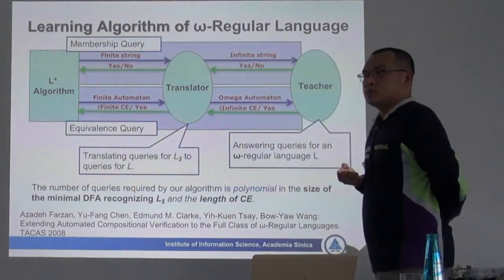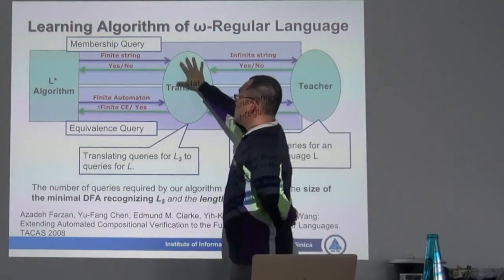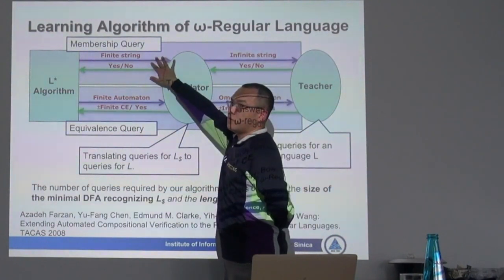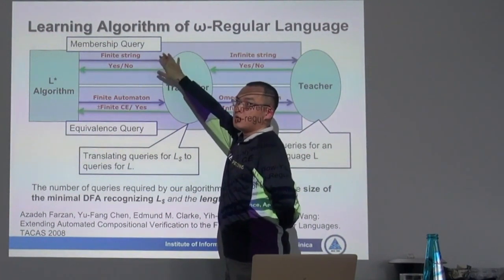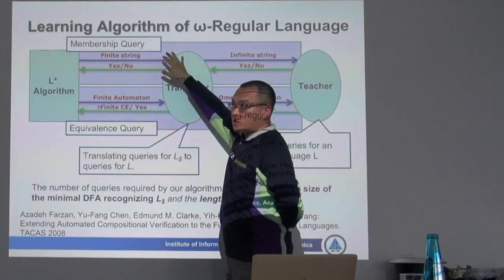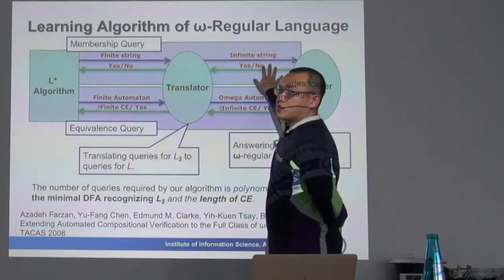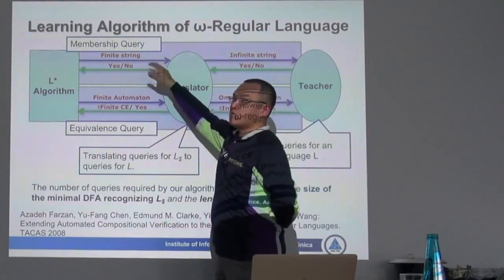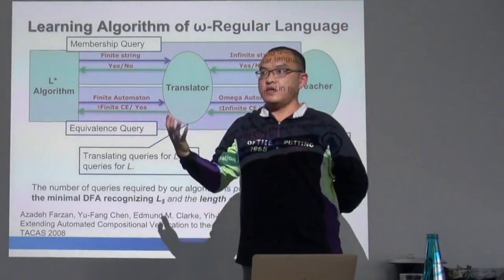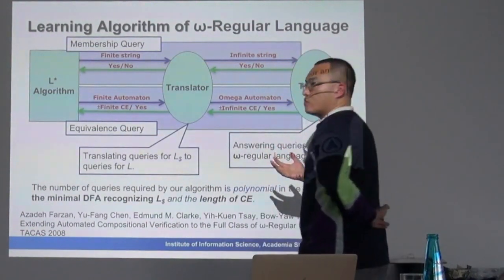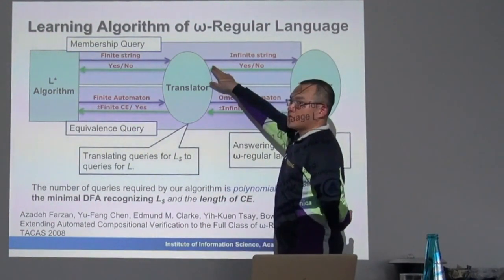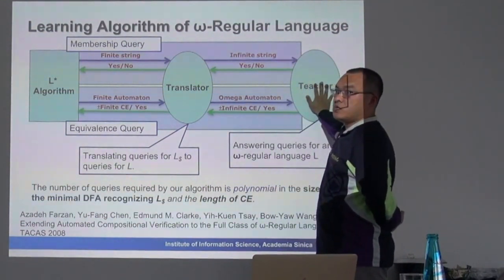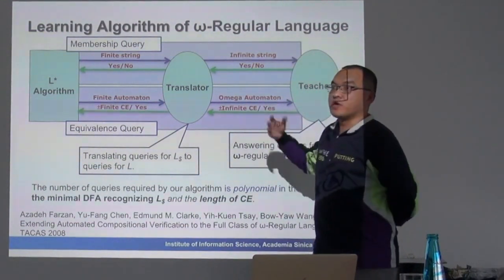So our main contribution is a translator that translates the queries on the regular image into queries on omega strings. What we do for a membership query is very simple. We check whether the string is in the form U $ V. If it is, then we translate U $ V to U V omega and ask whether it is in the language. Equivalence queries are more involved, but we can also do that. So this is what we have done.